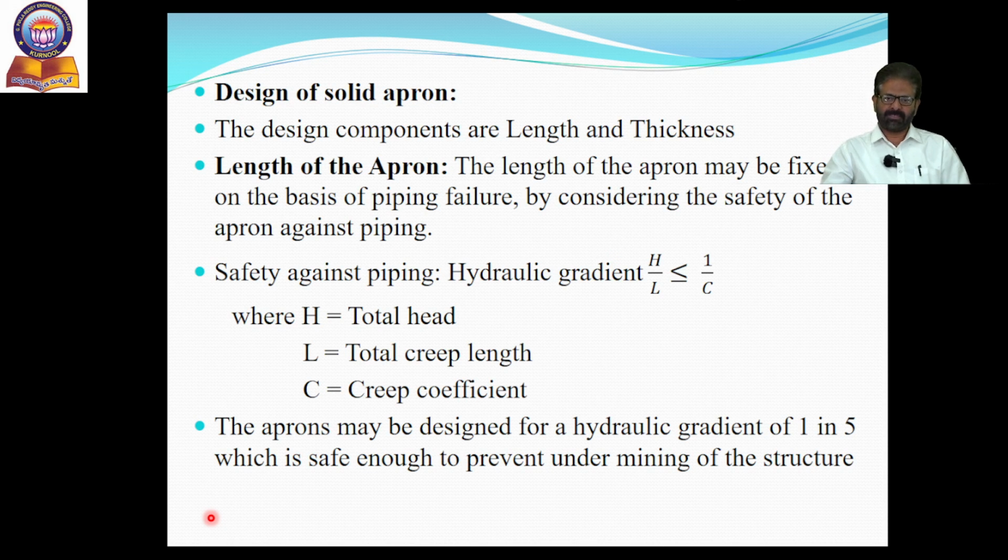It depends on so many factors like nature of the soil, nature of the ground, etc. So we have to adopt a suitable value of C, or in other words the hydraulic gradient as 1 in 5 or 1 in 7 like that. So in the present case, we are assuming the hydraulic gradient as 1 in 5, which is safe enough for prevention of undermining of the structure.